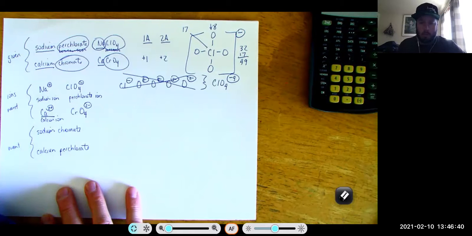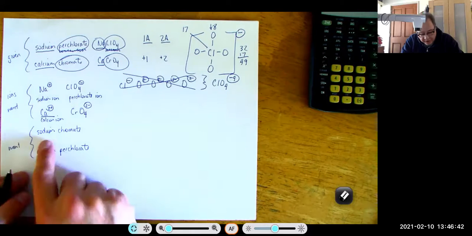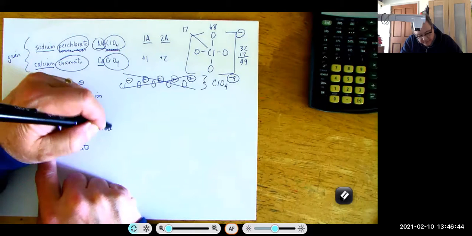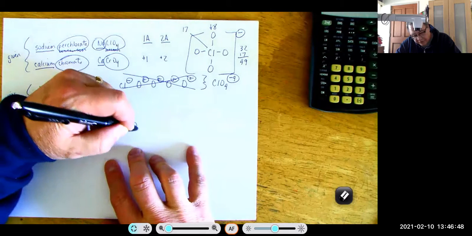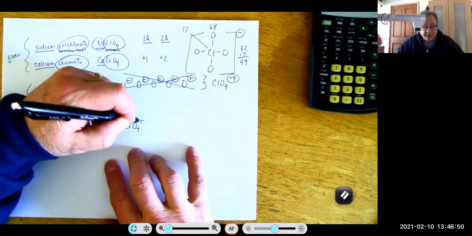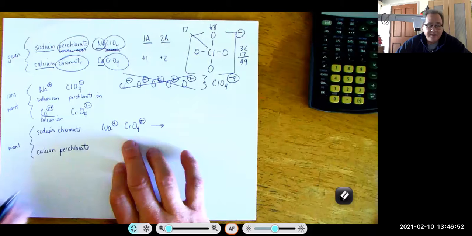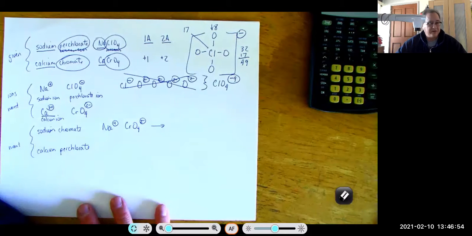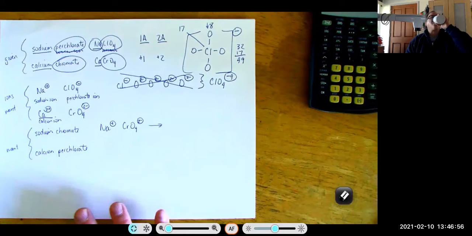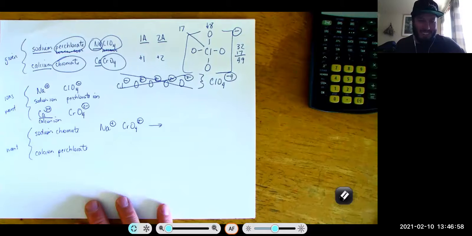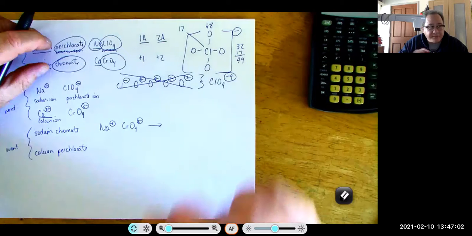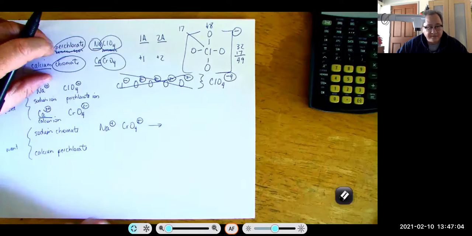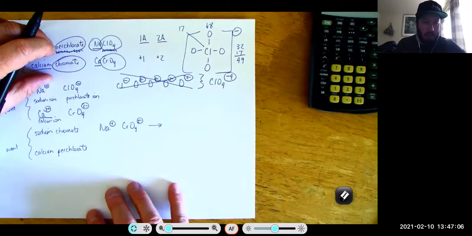Okay. So if we know sodium is +1, and we know chromate is CrO4 -2, how do we get the formula of that compound? Just put them together. Switch and simplify. Okay. I remember you saying that before.